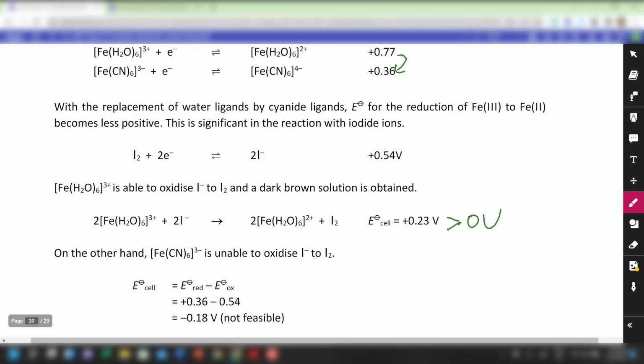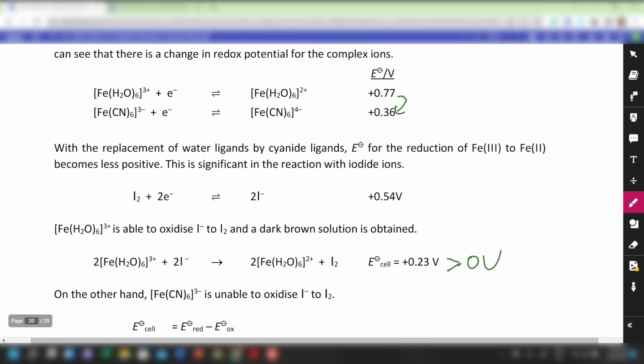Yep. We can delve a little bit deeper into the values if you wish to. Yeah, from here, I'm not sure whether you guys can tell, but are you able to tell that cyanide stabilizes the iron 3 oxidation state, or iron in its plus 3 oxidation state, more than iron in its plus 2? Okay, I'm not sure whether you can agree with me on this particular statement.